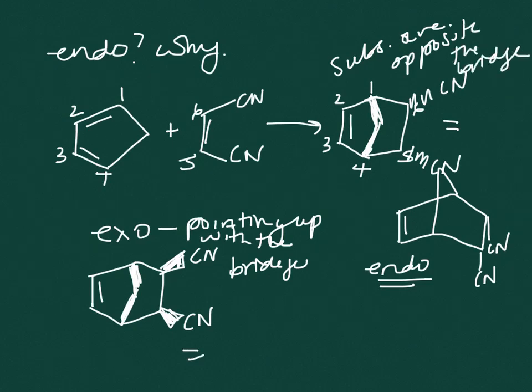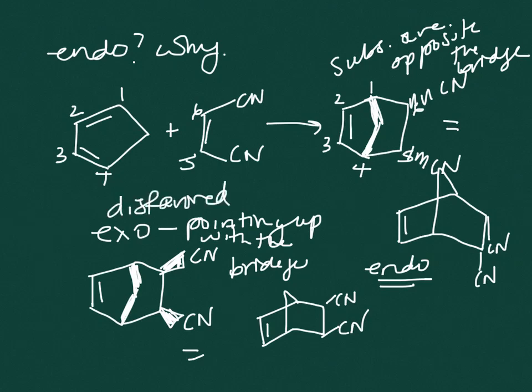Let's just make this into the planar representation. Okay, so let's look at orbital overlap to find out why this is disfavored and this is favored.